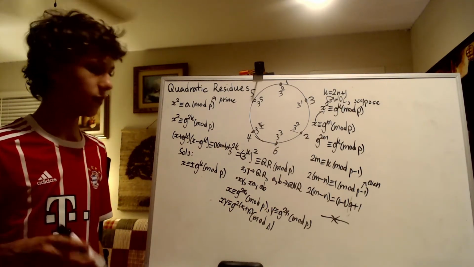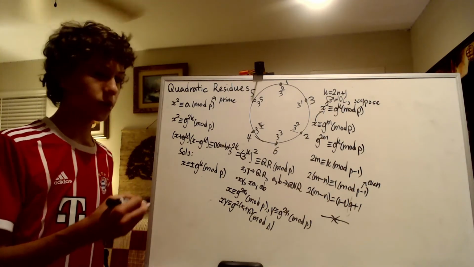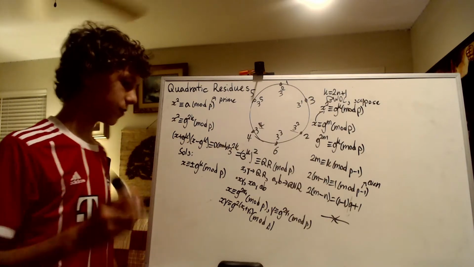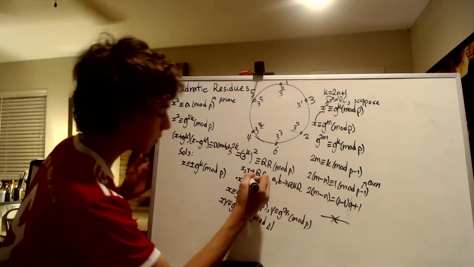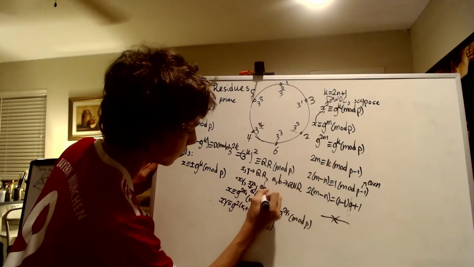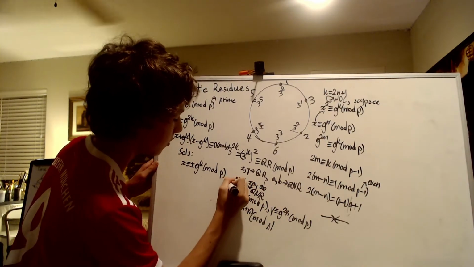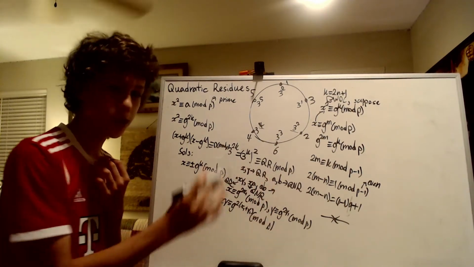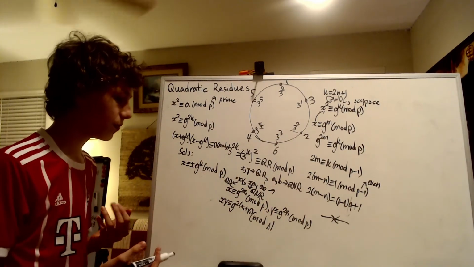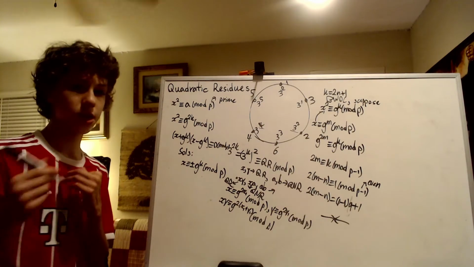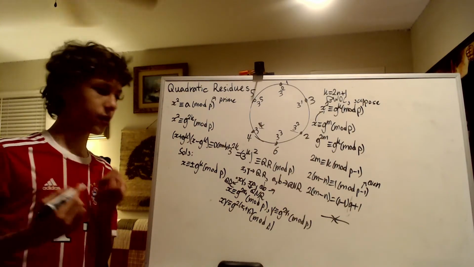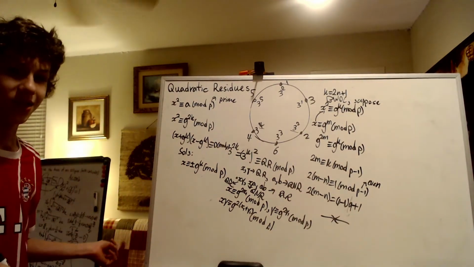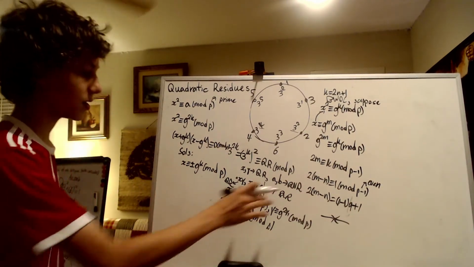An odd number plus an even number is an odd number. Therefore, the resulting power is odd, and due to what we proved here, it's a quadratic non-residue. So this is a quadratic non-residue. This is a quadratic residue. And this, well, let's see. It's an odd number plus an odd number, which is an even number, and therefore its power of g is even, which is a quadratic residue. So it looks like the quadratic residues have beaten the quadratic non-residues in this match.